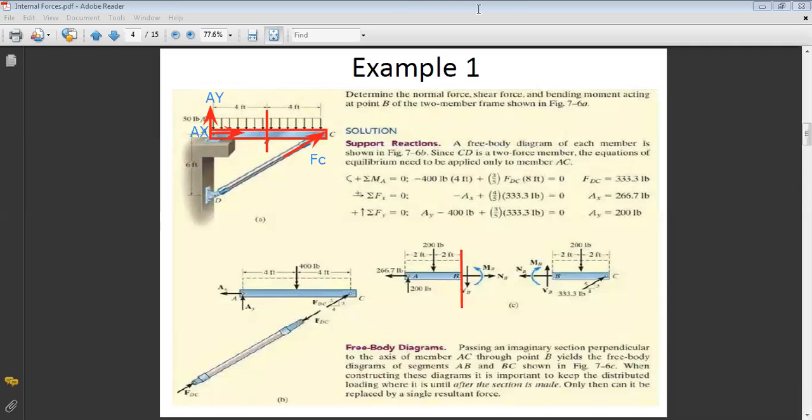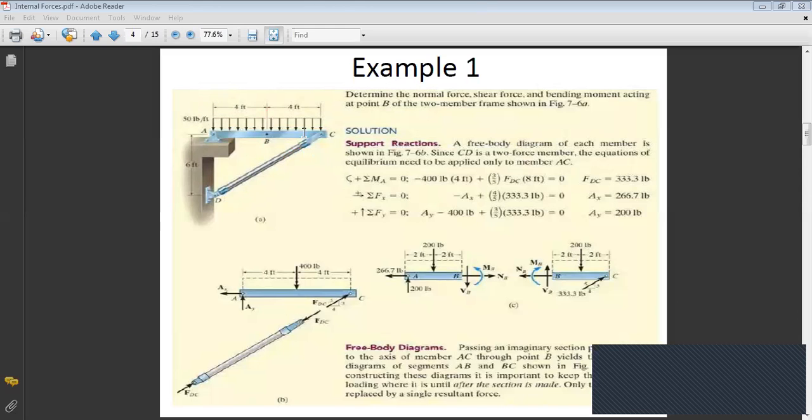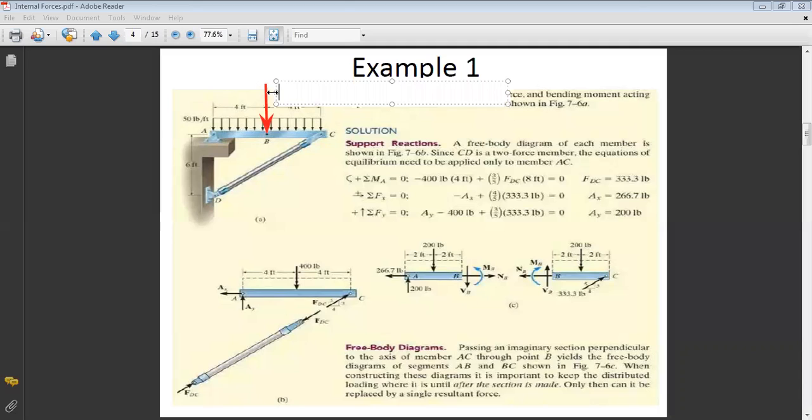Now, to write the equilibrium equations, first I should reduce my distributed load. My distributed load is a rectangular distributed load, so I can reduce it into one resultant force, acting at the middle of the distributed load, because the center of a rectangle is at its middle, so it's acting at a distance of 4 feet from A. The resultant force magnitude is F resultant, equal to what?